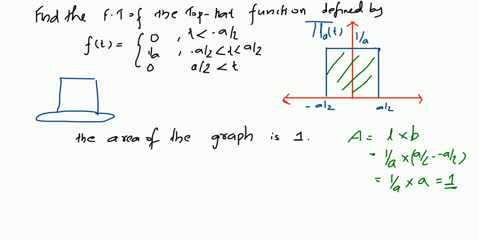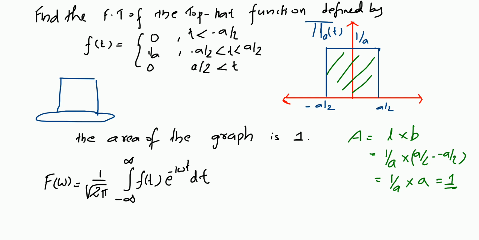Now we are going to find the Fourier transform of this function. By definition of the Fourier transform, we can directly write F of omega is equal to 1 by root 2 pi integral from minus infinity to infinity f of t times e raised to minus i omega t dt.